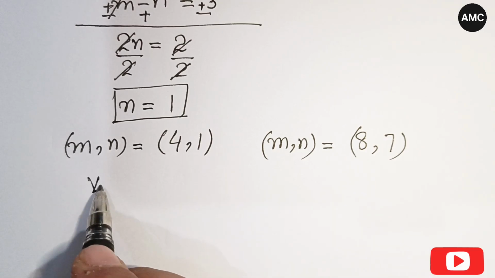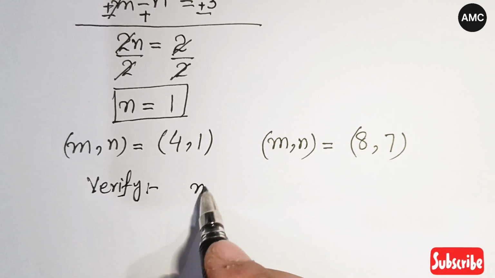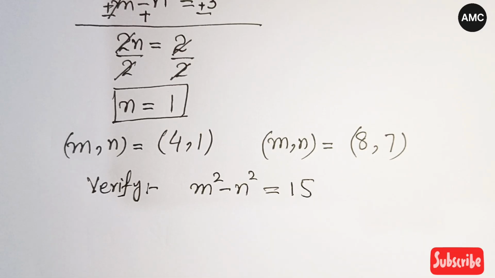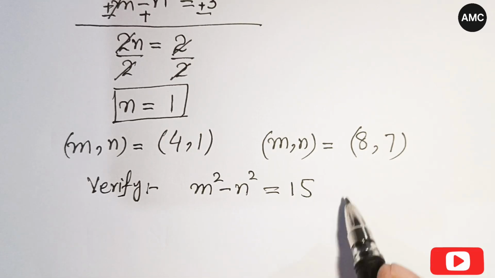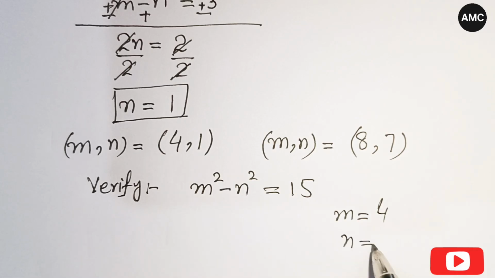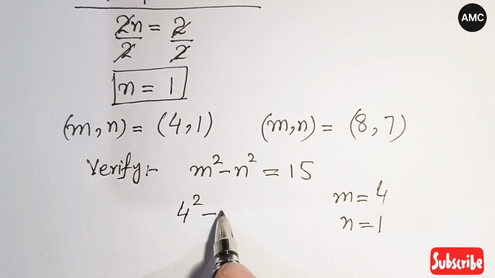Now we can verify our problem, recall our problem, which is m squared minus n squared is equal to 15. Here if we just use m is equal to 4 and n is equal to 1, so we have 4 squared minus 1 squared.